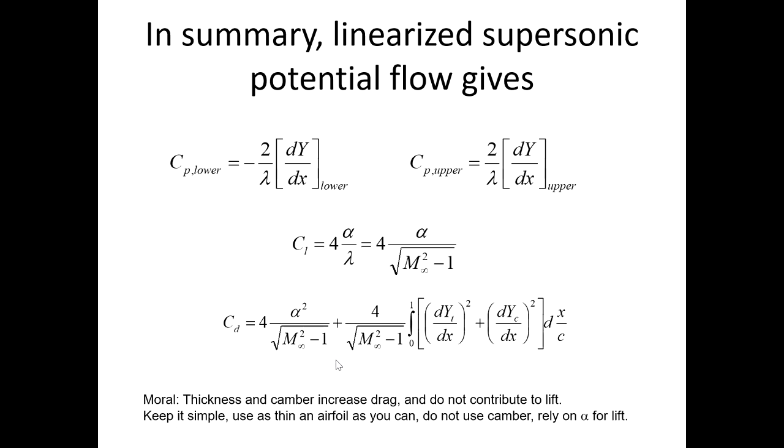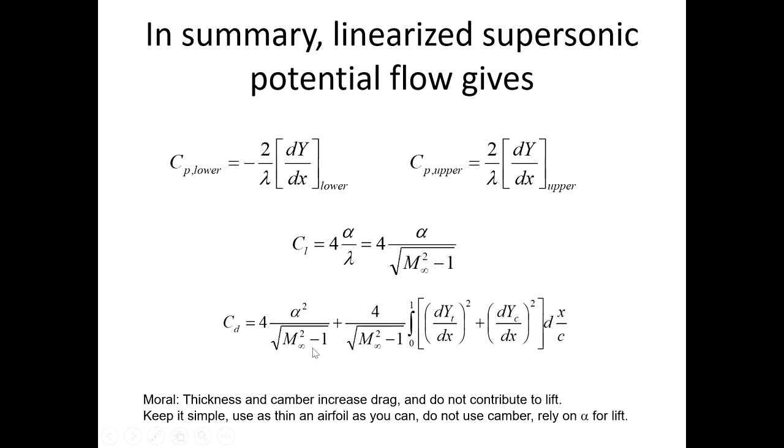So in summary, in linearized supersonic potential flow, we have simple expressions for lift, pressure coefficient on upper and lower surface, analytical expression for alpha, and analytical expression for the drag. So these could be used to look at airfoils. You don't want to have a highly designed cambered airfoil because any camber is going to increase the drag.